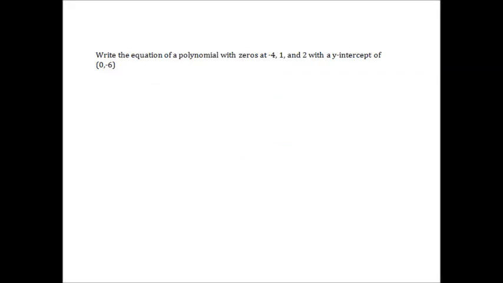Let's try one more example where the information we are given is a little different. Write the equation of a polynomial with zeros at negative 4, 1, and 2, and with a y-intercept of (0, negative 6). Well, we can write down the function already based on our zeros.